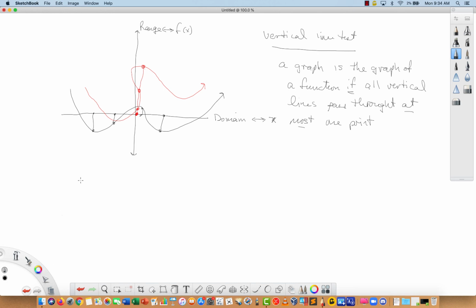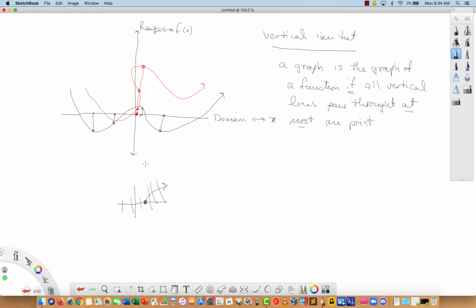Pass through at most one point. The reason why I say at most and not exactly one point is I think you can imagine the following function. Notice here, there's some vertical lines that don't hit it. So it's okay if a vertical line misses the graph. The thing is that when it hits the graph, it hits it in exactly one spot.